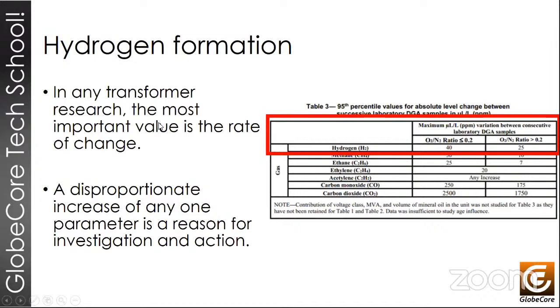But when the ratio is more than 0.2, we can only have a maximum of 25 ppm rate of change. It's important to note that these changes are not directly related to the previous tables, because if the changes presented in this table take place regardless of the status based on oil levels, the transformer will be determined as a status 3 transformer. Next slide, please.